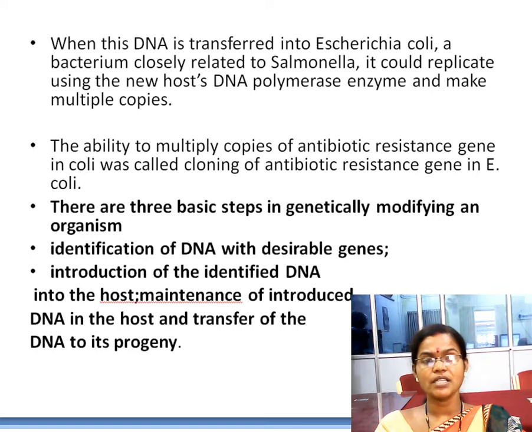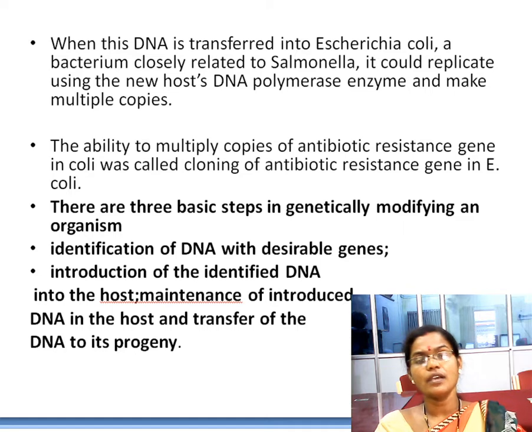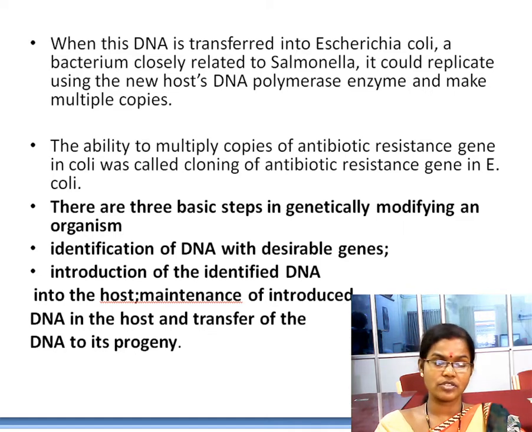Basically, we are going to see the three steps in genetically modifying organisms. First of all, identification of the DNA with a desirable gene. Suppose we want to insert a part of the DNA, then we have to identify it first. Genes with desirable traits means the suitable genes should be there in that sequence.